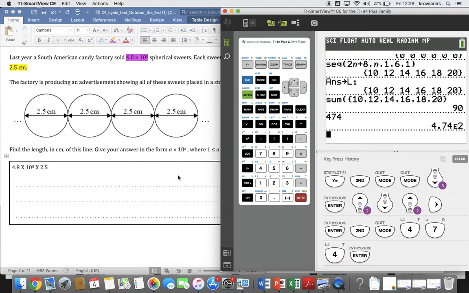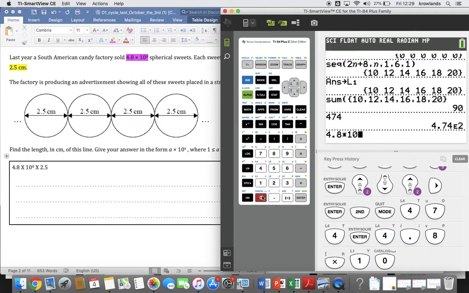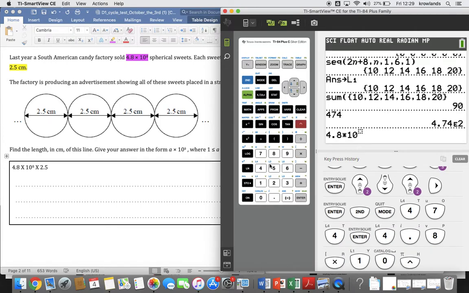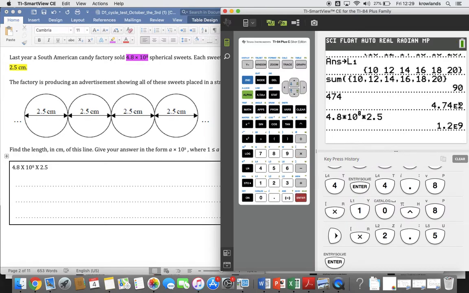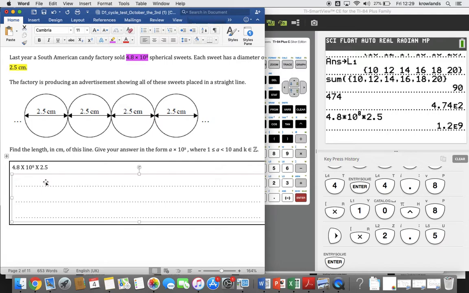And again, all we need to do is type this in the calculator. We haven't actually practiced multiplying standard form, but it's really quite easy. So I'm going to type in 4.8 times 10 to the power of 8. I use this upwards arrow, and then press the right arrow to make it come down. Times 2.5. Enter. 1.2E9.